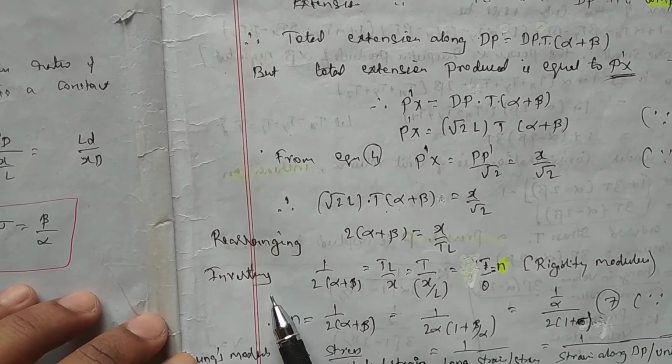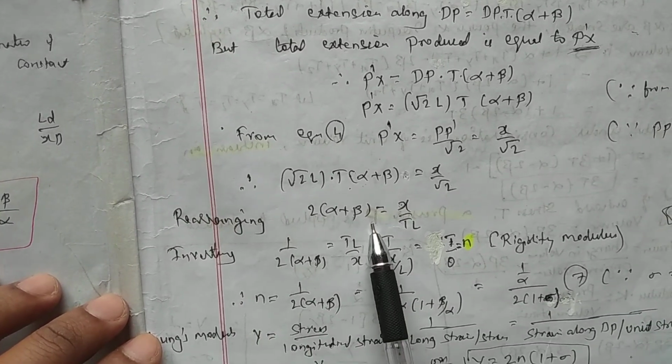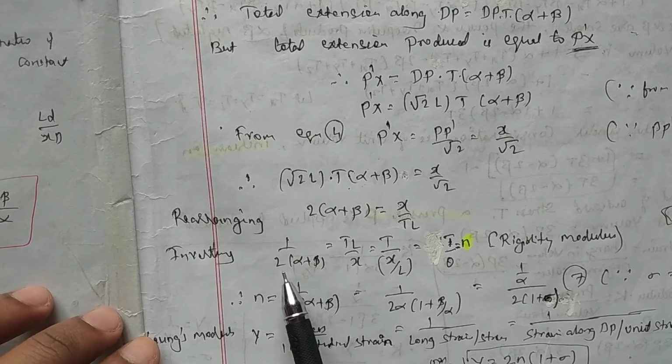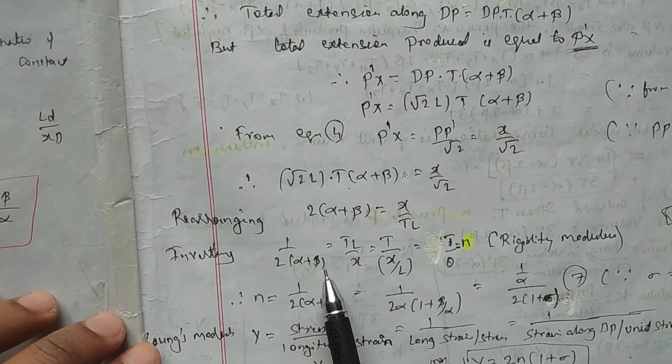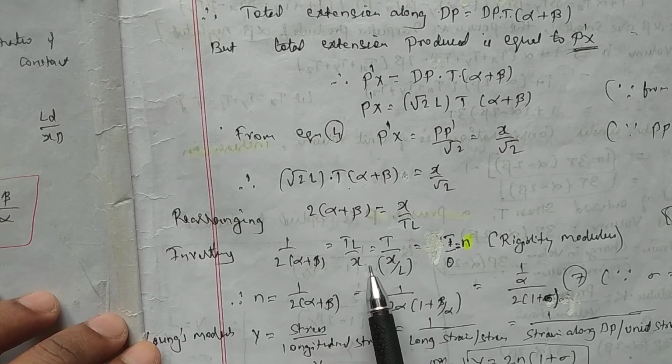Now inverting the above equation, we get 1 by 2 into alpha plus beta is equal to TL by x.